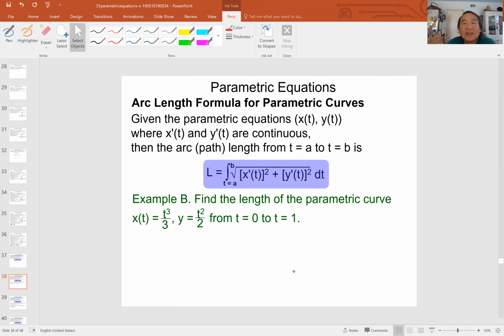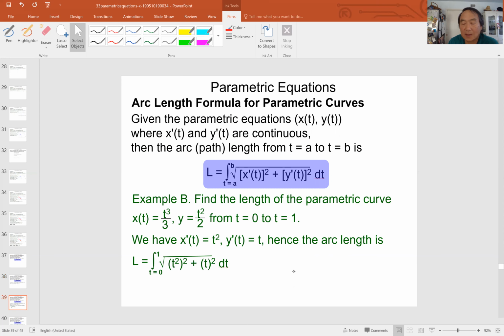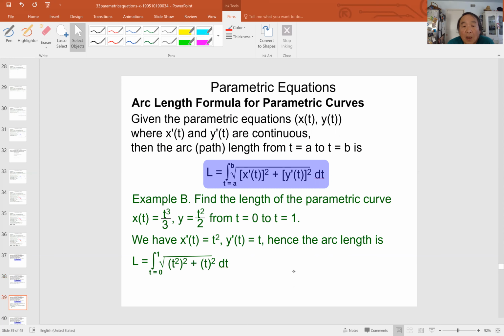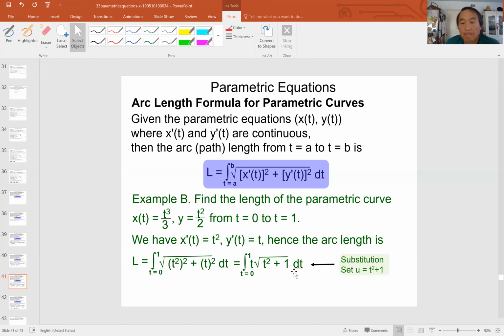In general, it's not easy to calculate. So for the problems that will work out, the x and y have to be kind of special, and then you can take the square root and things all come out nicely, like this one. If you ask why this strange power, like 3 divided by 2, it's because the algebra works out. You can pull a t out, and then we can use integration by substitution. And then this is the answer.